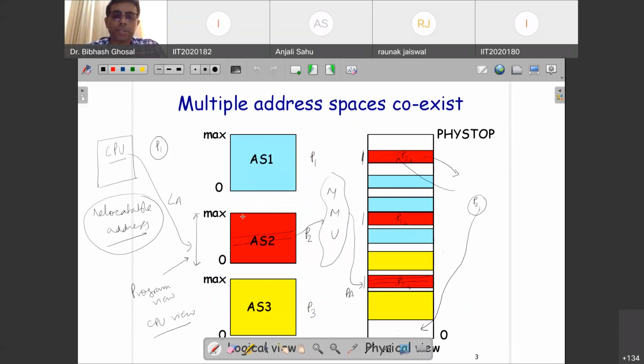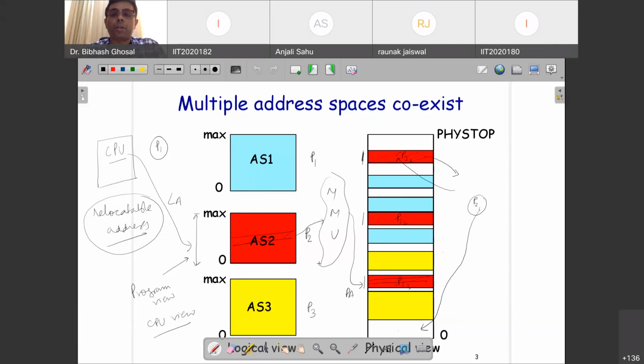Say, for example, there are three processes shown as blue, red, and yellow. Instead of keeping the entire process at one place, we divide each into three blocks, and these blocks are distributed all throughout the physical memory, as you see here. The entire range of addresses of the red process is distributed into three blocks in three different places in the physical memory. Similarly for the blue process and the yellow process.